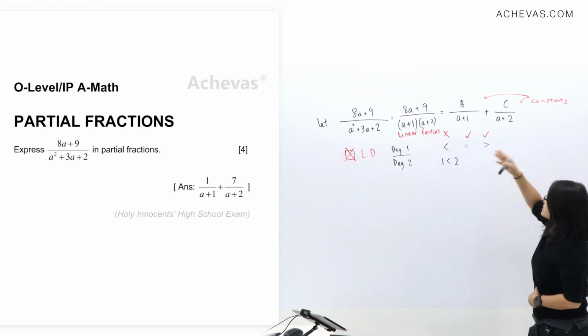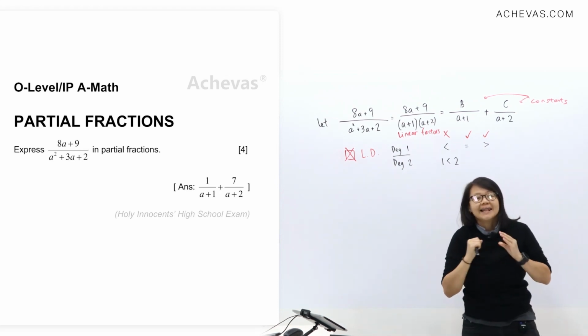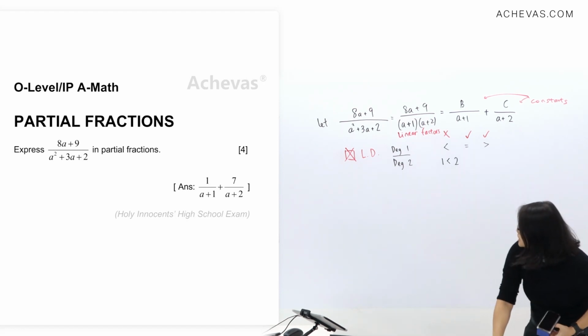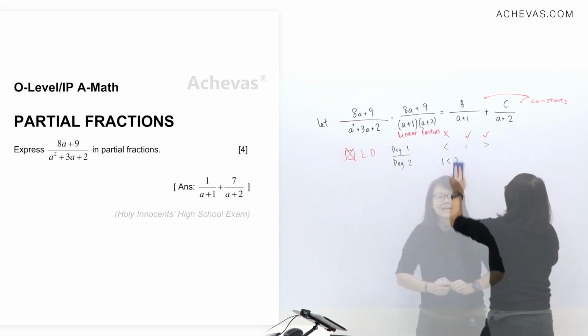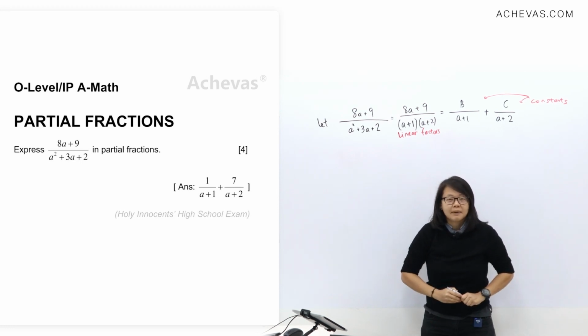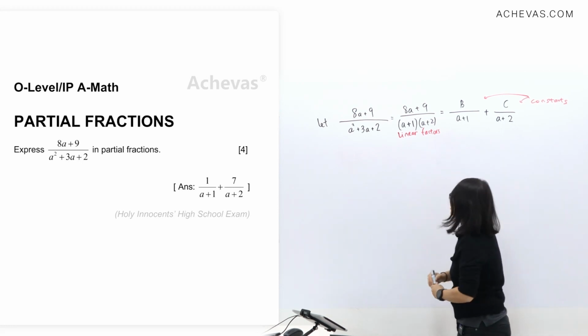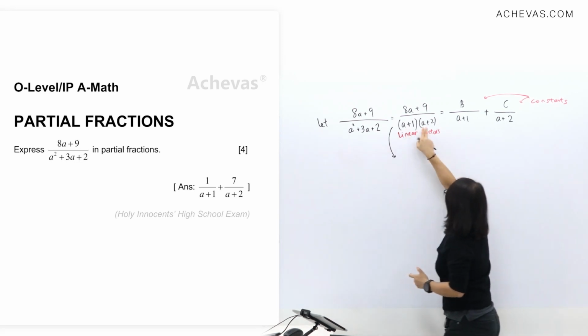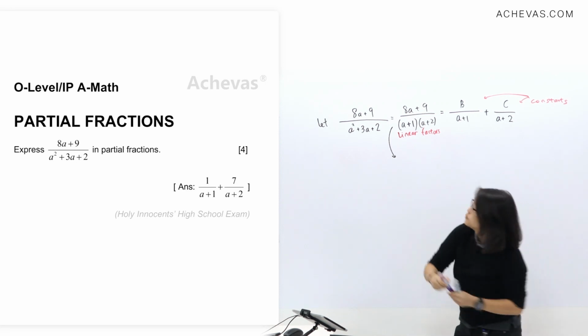All right, let me erase a bit of the long division part. Let's start with our partial fraction steps. Step number 1: we multiply both sides by the LCM of the denominator, which is (a + 1)(a + 2).